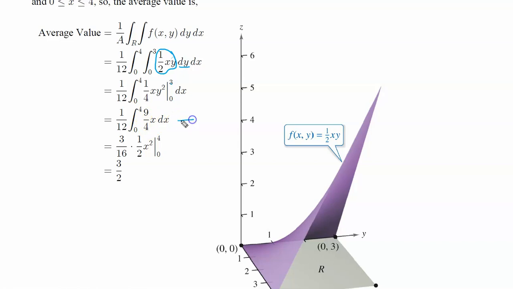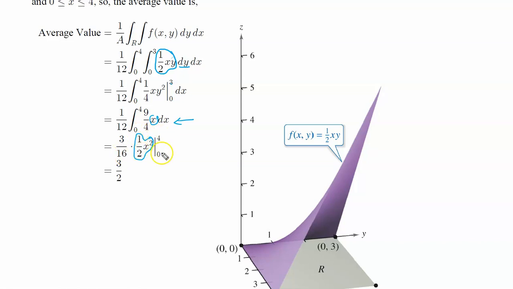And then we just need to integrate this with respect to x. That's pretty easy. We're going to end up with antiderivative of x being x squared over 2, of course. And just note that 1/12 times 9/4 gives you 3 over 16.